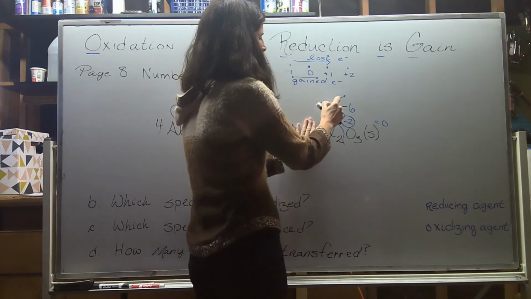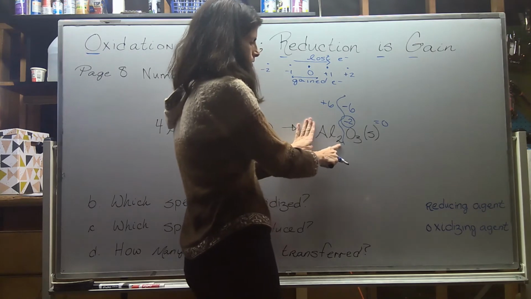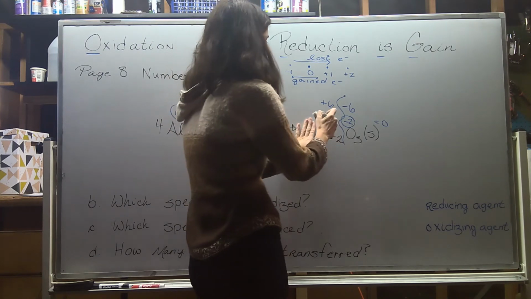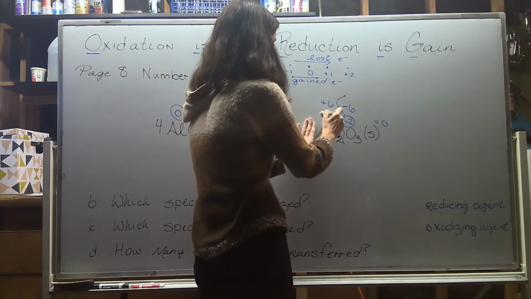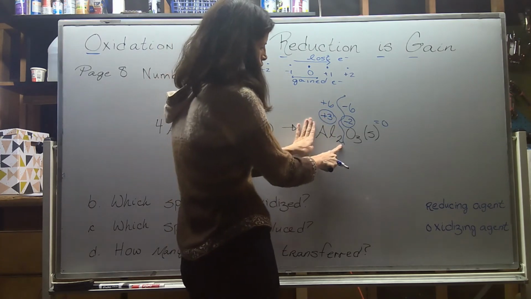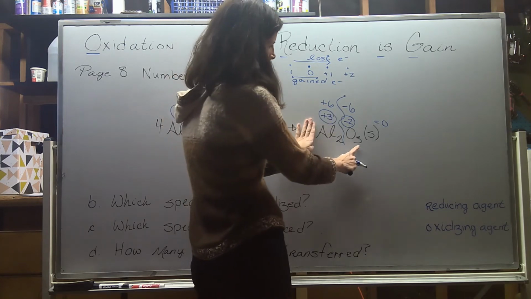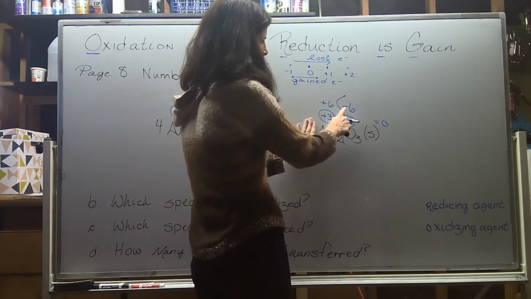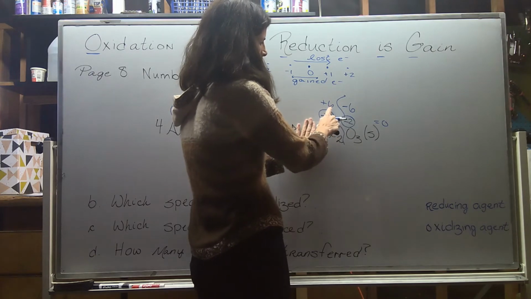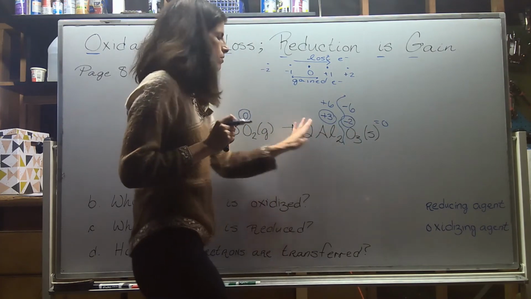So on this side, I need a +6 to get to that 0. There's 2 aluminums, however. And so individually, I can surmise that they'd both be +3 because 2 times +3 equals +6. 3 times -2 equals -6. And then +6 minus 6 equals the overall charge on the compound.